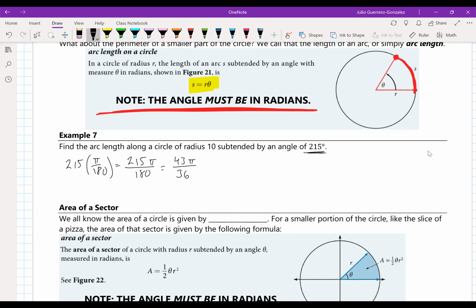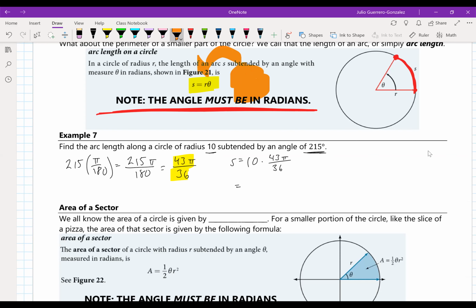Okay. So now that I do have my angle in radians, I can plug it into my arc length. So S is equal to, my radius is 10 times 43 pi over 36. Wait, how did you get that equation? Up here.